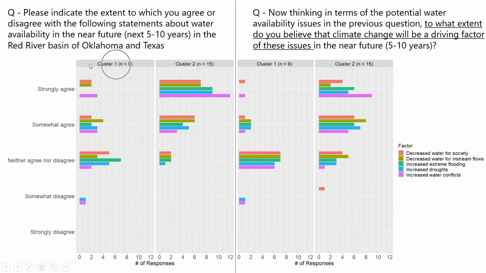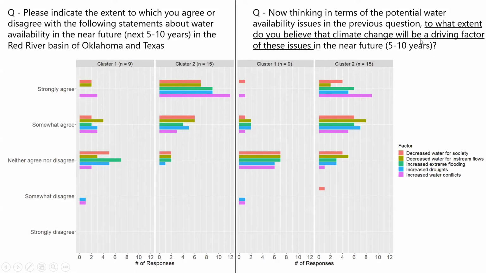In this first question, in the first cluster, there's some agreement and more of a neutral stance on each one of these factors. In the second cluster, most folks agree that, yeah, these issues will be a problem in the near future, and to a lesser extent, some neutral responses.